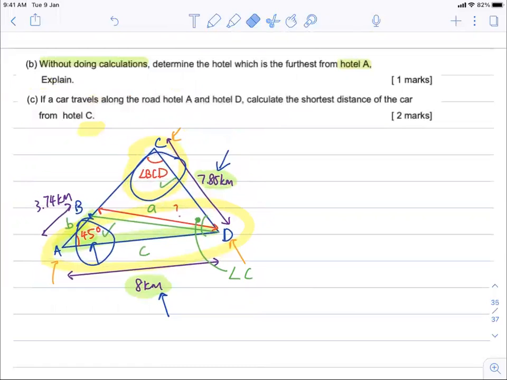So basically this part, they ask us to find which hotel is furthest from A, or in other words, they want us to find which side of the triangle is furthest.